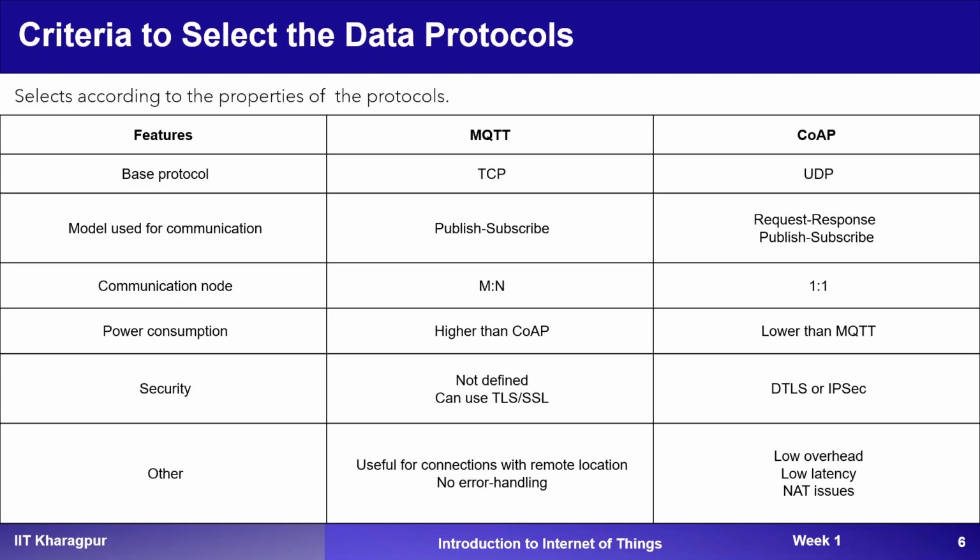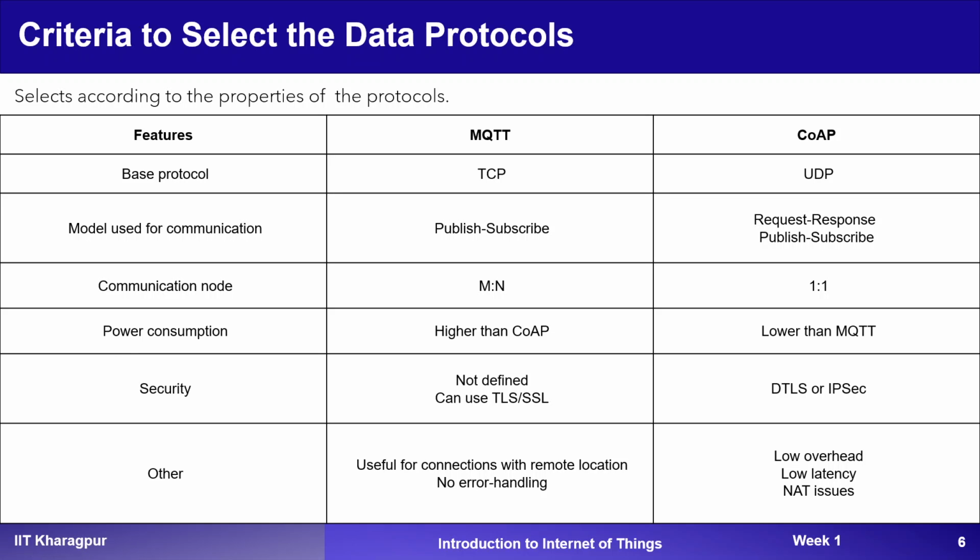For example, if our application requires less power, or if we are going to use our data protocol in an application where sensors are just placed and we cannot change the battery, then we have to use the data protocol which requires less power consumption. You can take an example of mining industries.